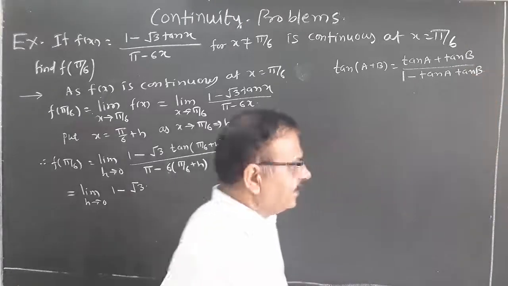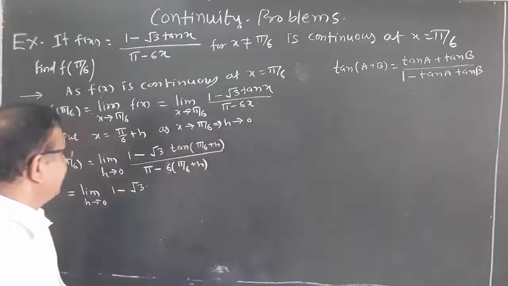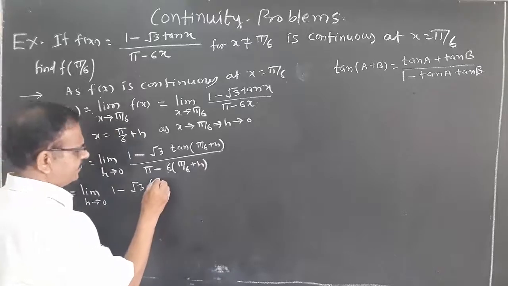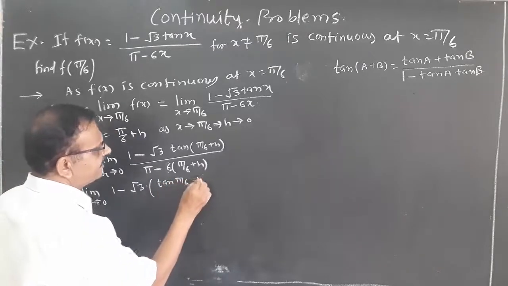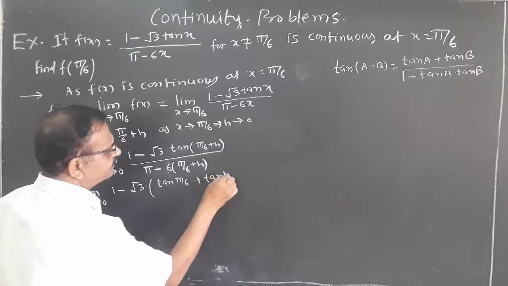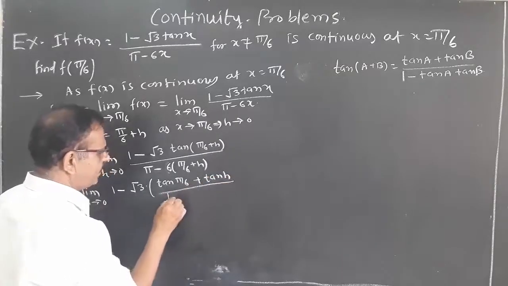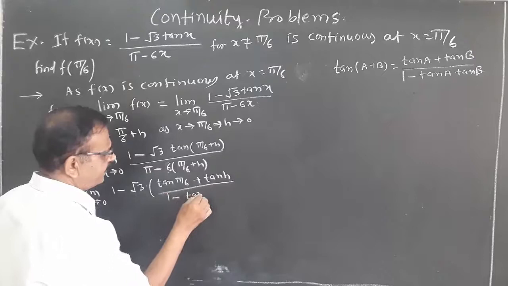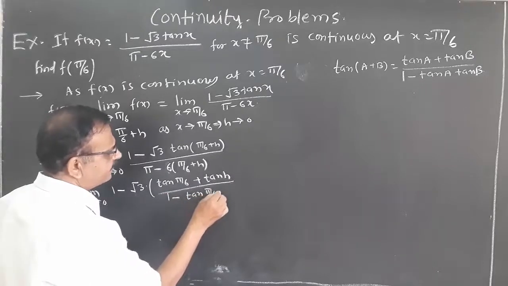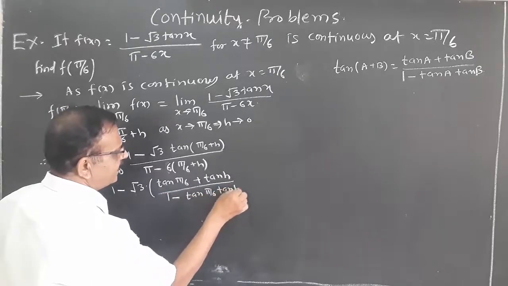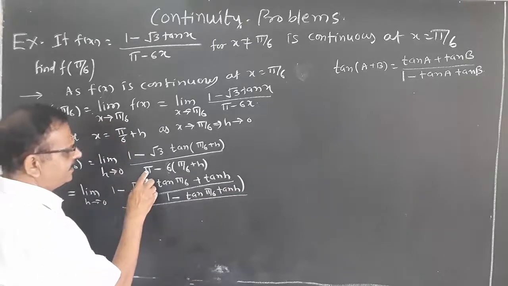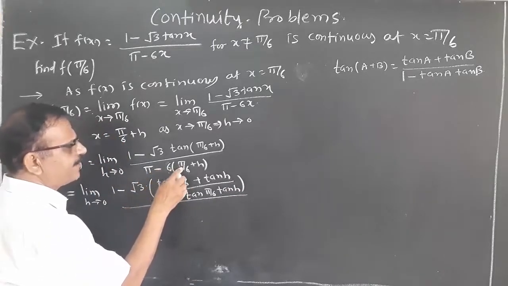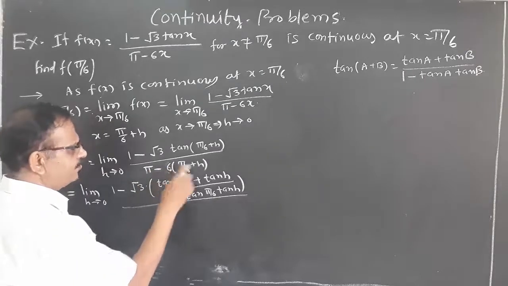We use this formula here and write tan of pi by 6 plus tan of h, divided by 1 minus tan of pi by 6 into tan h, divided by pi minus 6 times pi by 6, which means pi minus pi, 0, minus 6h.